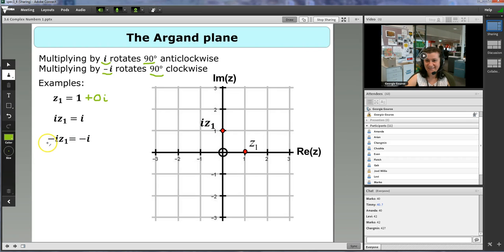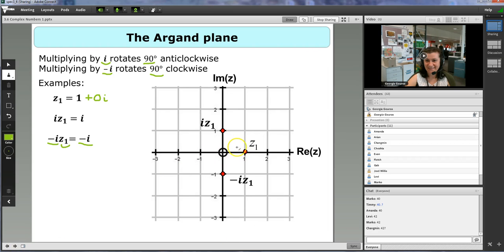Now if we multiply it by i again, what happened there? I thought I was going to multiply it again, but I'm doing the negative one now. So let's do it by negative i times Z1. It should rotate 90 degrees clockwise this time. So there you go.